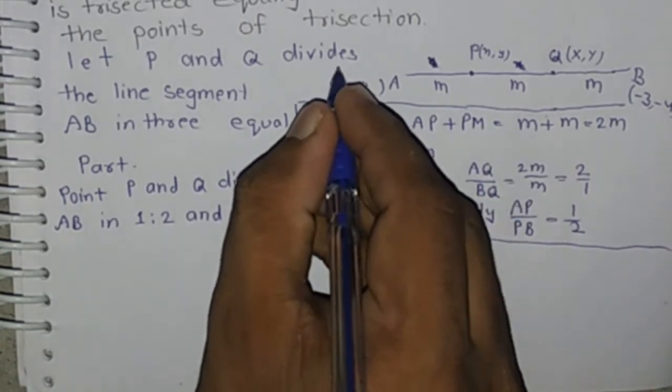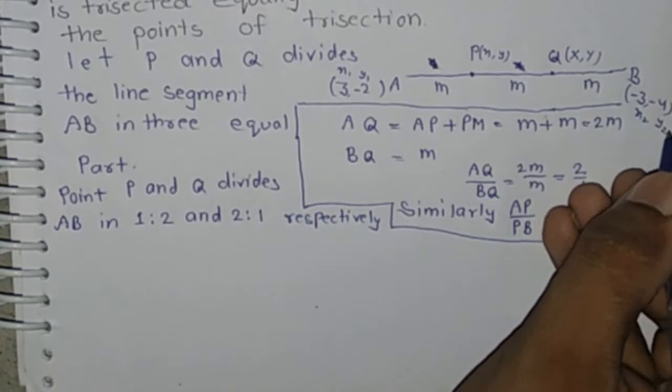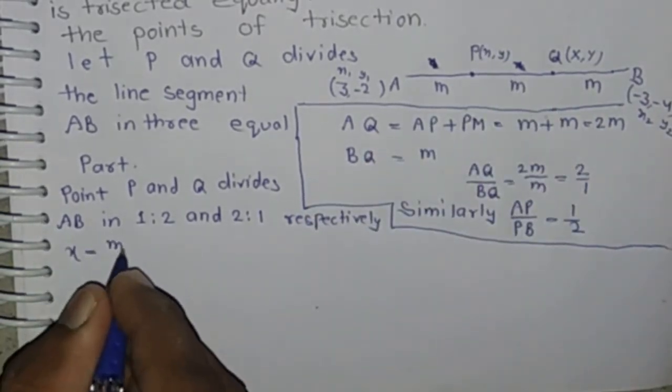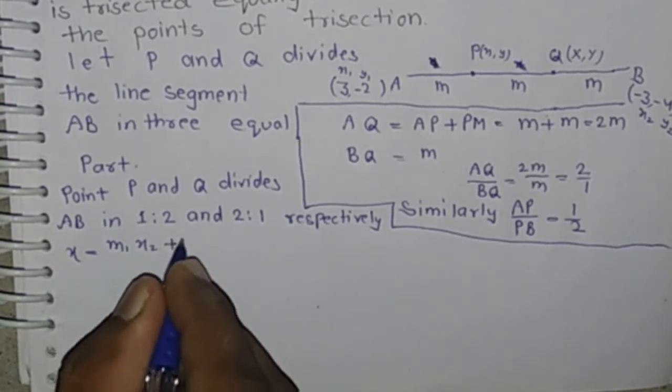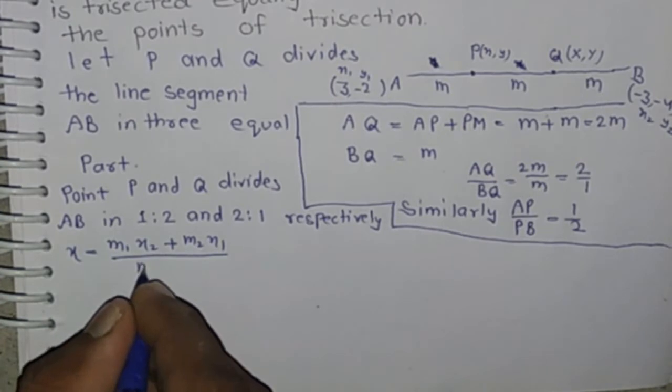Then if the points are (x1, y1) and (x2, y2), the value of x is obtained by (m1 x2 plus m2 x1) by (m1 plus m2).